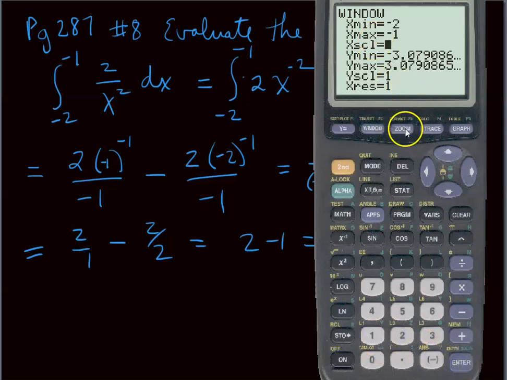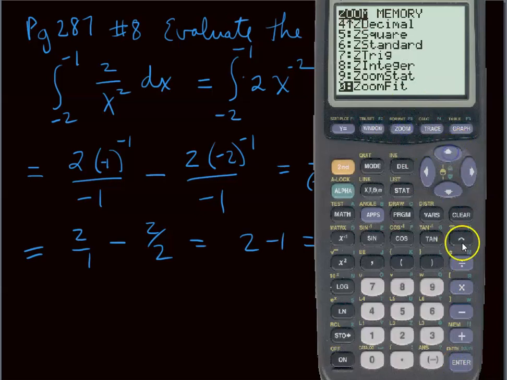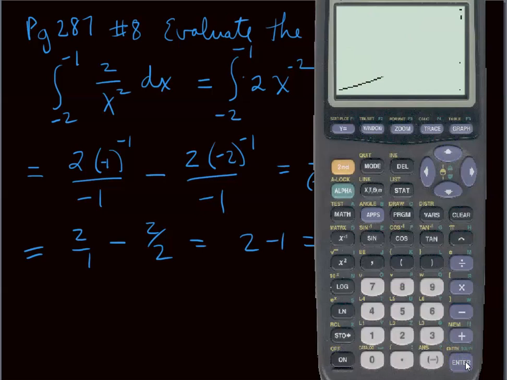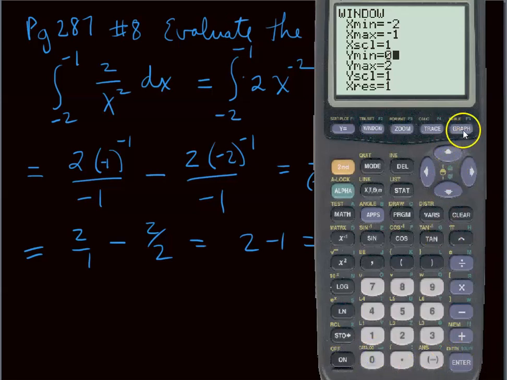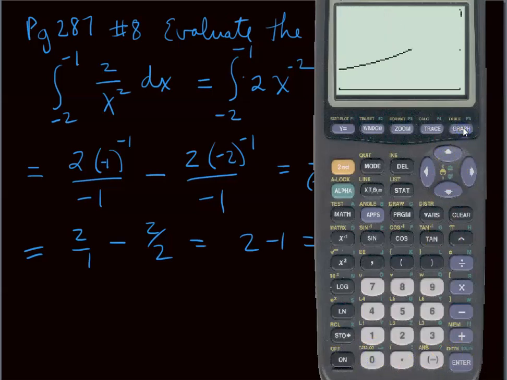And then you do a zoom fit. And so we can see the x-axis. I'm going to make y min not 0.5, but 0. And that's just to see the x-axis.